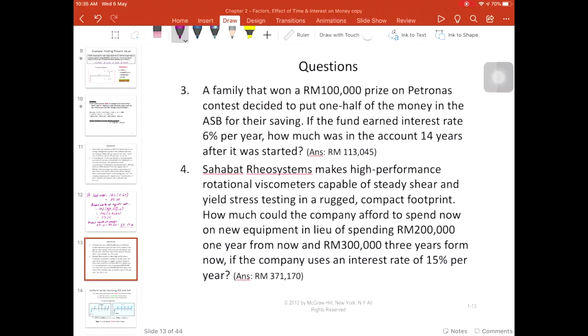To find F given P. Yes, you have to find F at 14 years. Okay, that means the information given is P. P is 100,000 ringgit. Okay, and then you have N 14 years, i 6%, then you have to get the F at 14 years. So F over P. Okay, because you have to find F, P is given. Right?